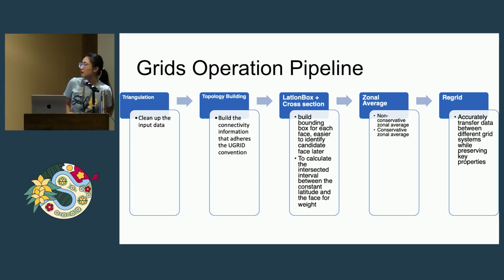After that, for each face, by calling each operator, we can automatically generate the bounding box for each face on the unit sphere. We also provide a function to calculate the cross-section, basically the intersection between two great circle arcs or a great circle arc and a constant latitude line. With this cross-section function, we can achieve our ultimate goal called regridding.